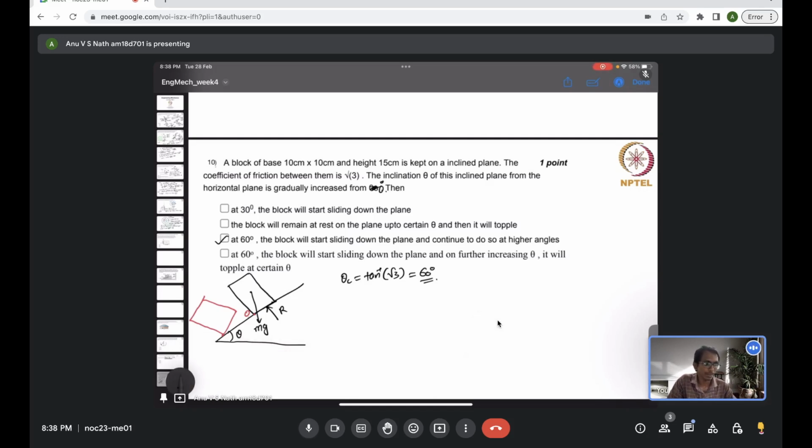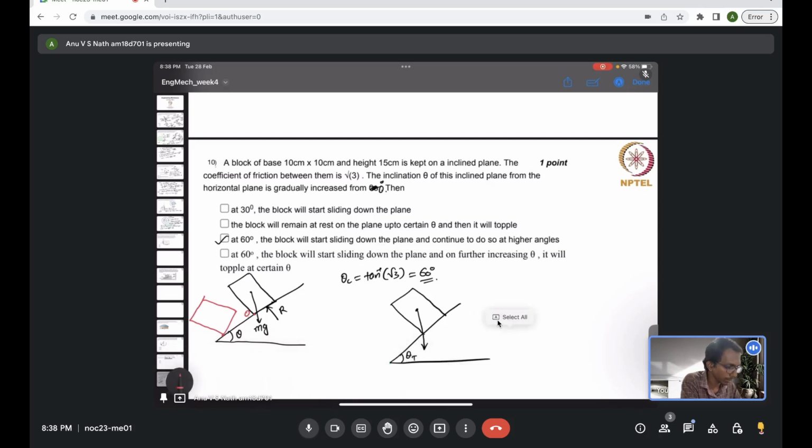The critical point at which it happens is, at some angle theta topple, it will try to topple. At that instant, the weight, which acts vertically downward, will pass through this pivot.